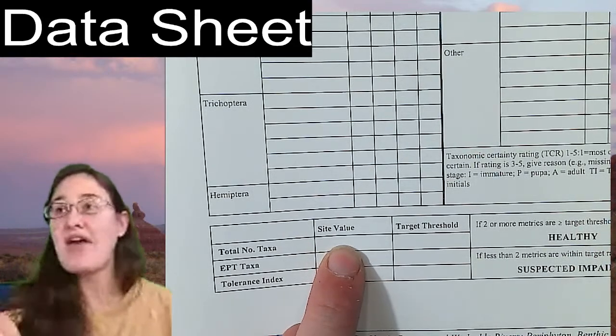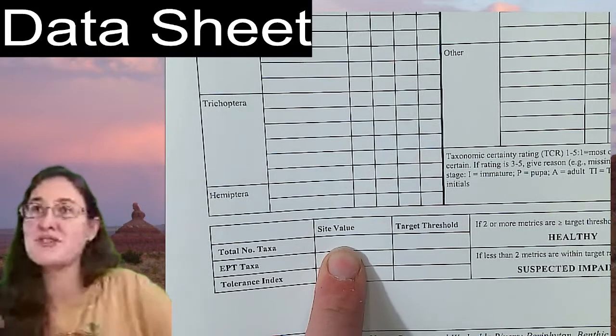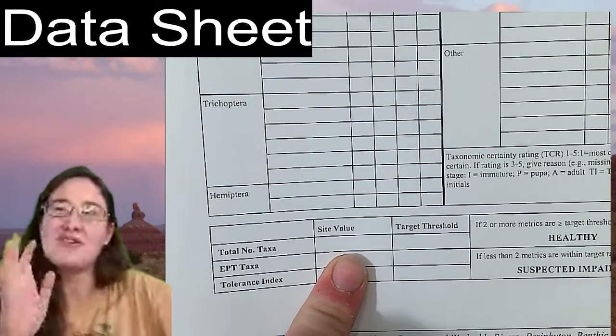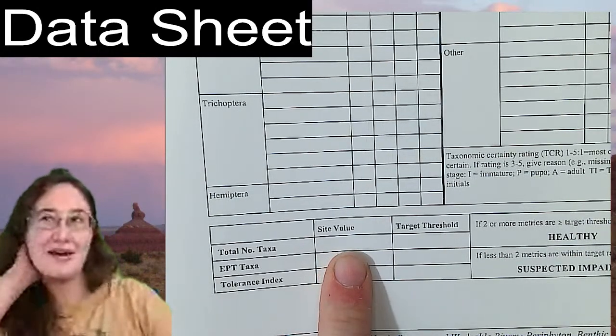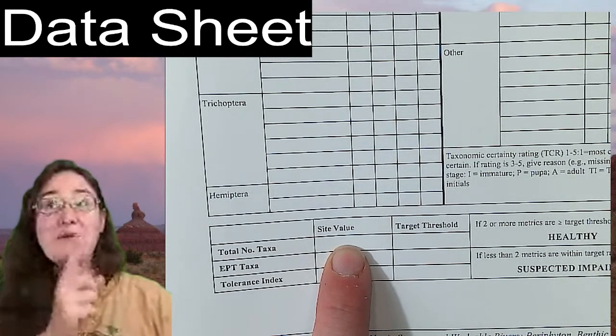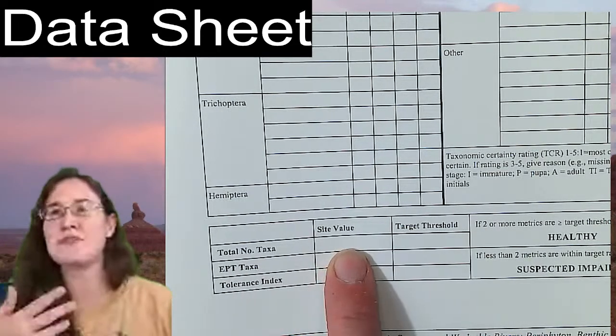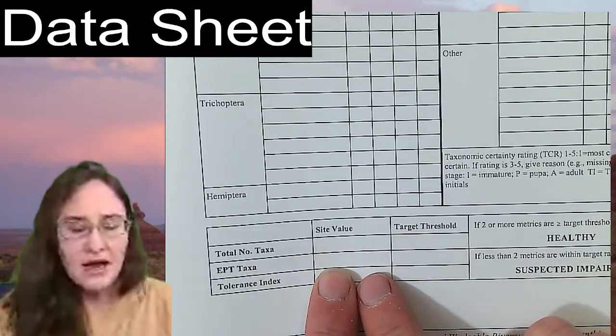Obviously, if the number of taxa is going up, your water quality is going up. Hopefully, we learned that a little bit. If it starts to go down, it could be because your water is super pristine. But as long as your number is going up, it's likely getting healthier and healthier.